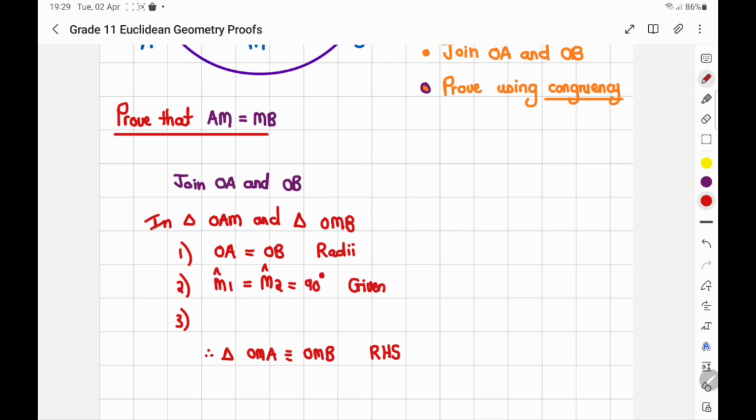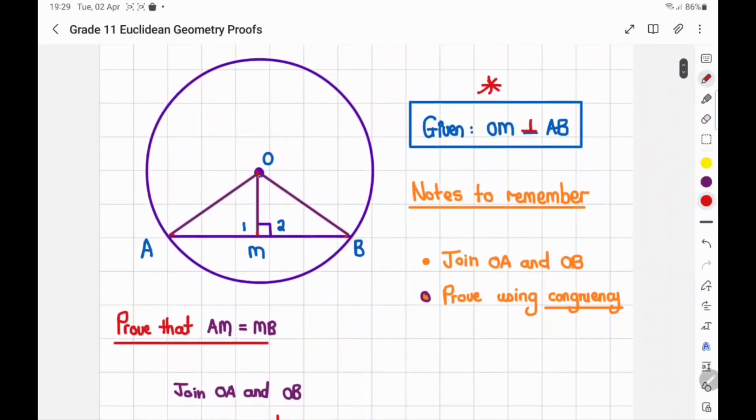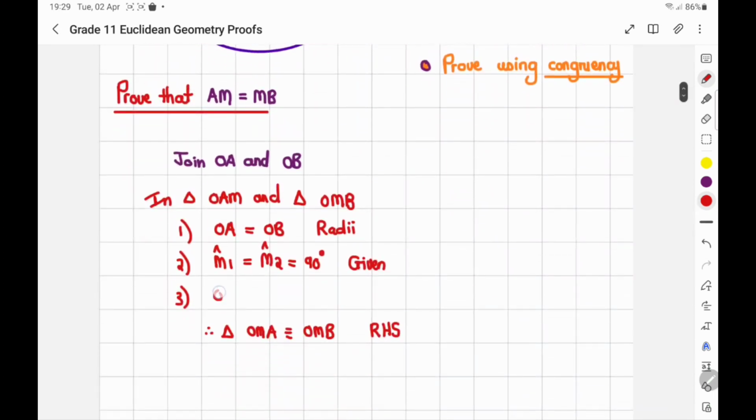Please don't forget your little cap on top of the letter that you are using, because you have to indicate that it's an angle. If you don't, you might lose a mark for notation. And then the very last one, remember the common side. OM of the one triangle is equal to OM of the other triangle. So OM is equal to OM because of the common side.